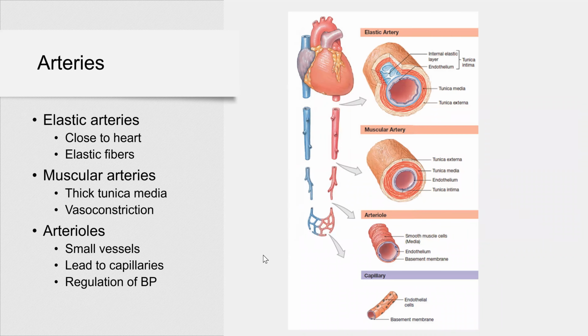So we already mentioned that elastic arteries are close to the heart, and they have elastic fibers. It's shown right here. So we have tunica intima with endothelium. We have the internal elastic layer over here.